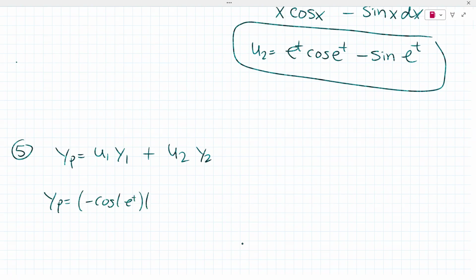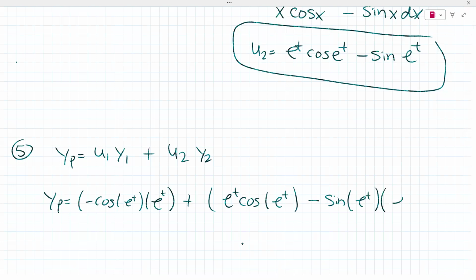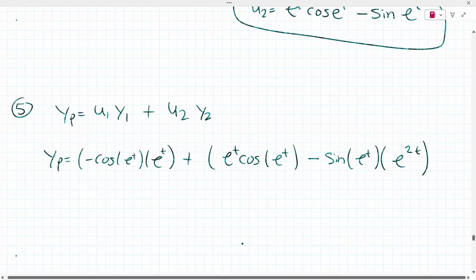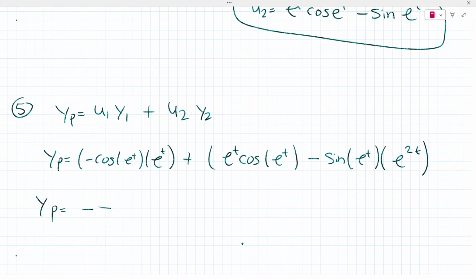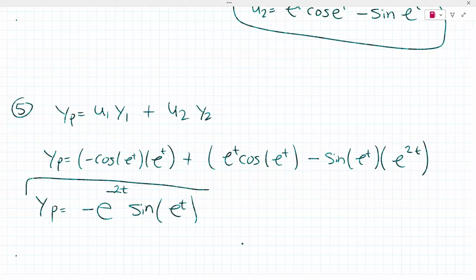My y1 is e^t. Plus my u2, which is e^t cosine of e^t minus the sine of e^t, times y2, which is e^(2t). And when you clean this up, I'm just going to do the work. You should get negative e^(-2t) sine of e^t.